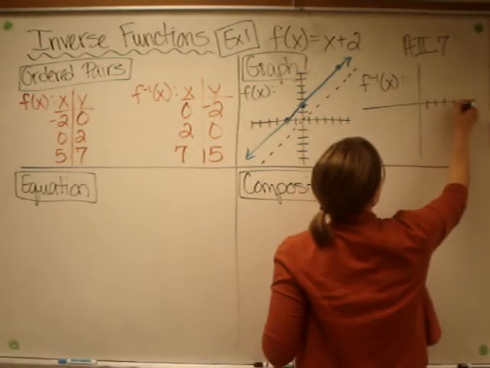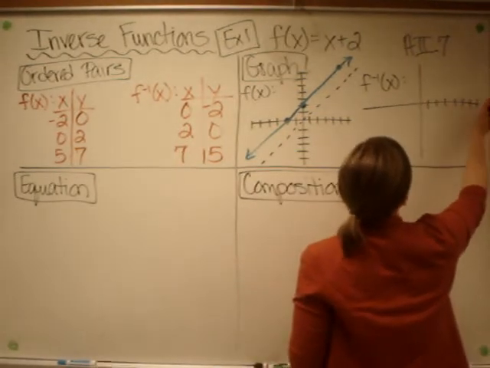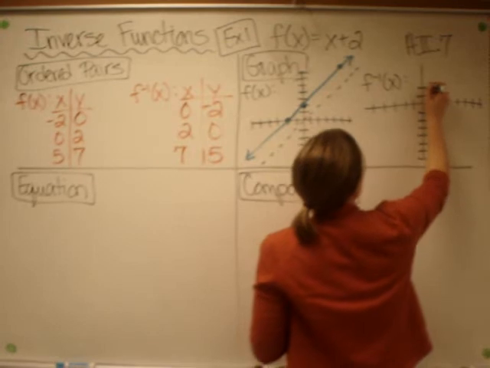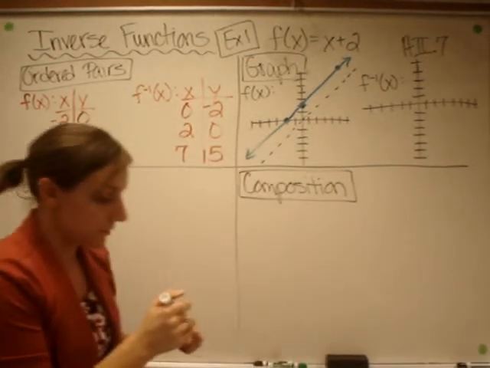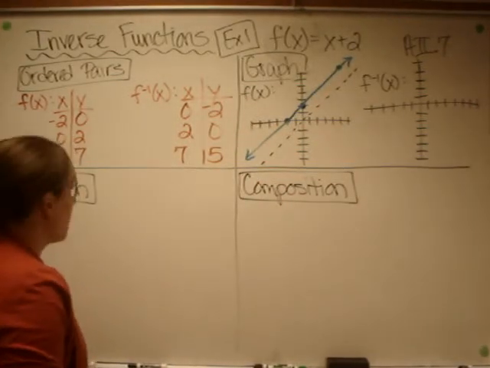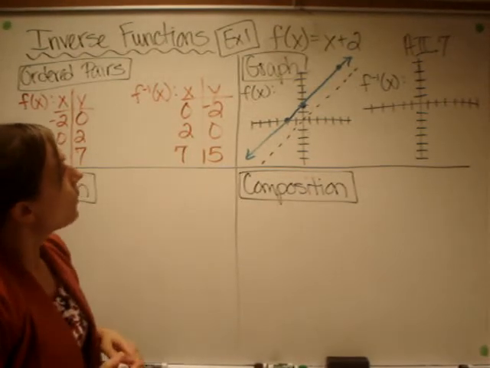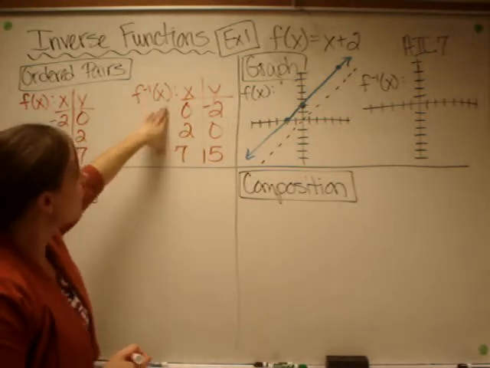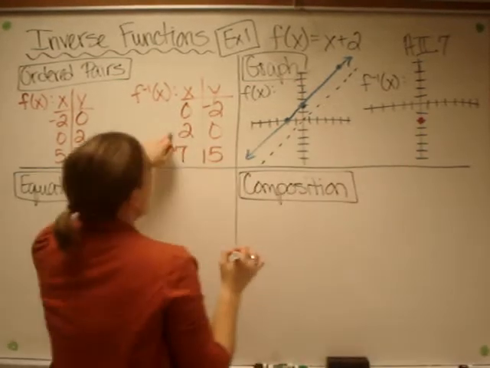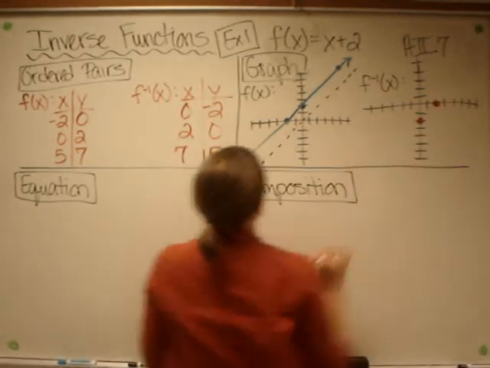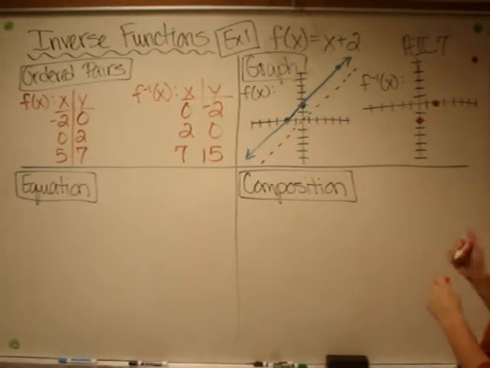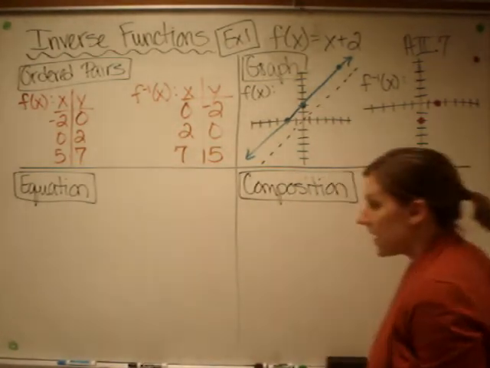Now we're just doing this by hand, but the line should eventually look like it's down below. I am going to do it in red so that we can see the difference. Now I'm going to use these points from the inverse function: 0, -2, then 2, 0, and then 7, 5 up here in the corner. So we connect those.